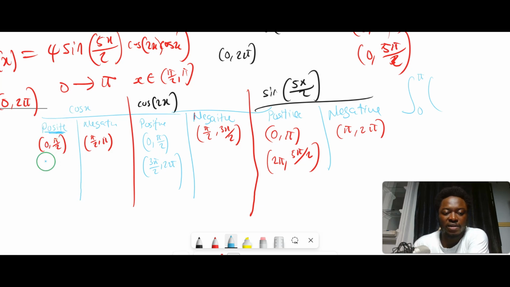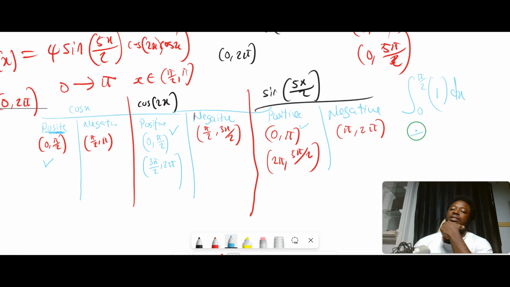From 0 to pi over 2, cosine of x is positive, cosine of 2x is also positive, and sine of 5x over 2 is also positive on 0 to 2 pi. So we have a 1 from 0 to pi over 2, a 1 dx.